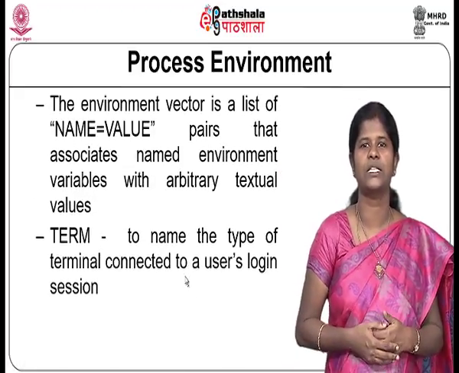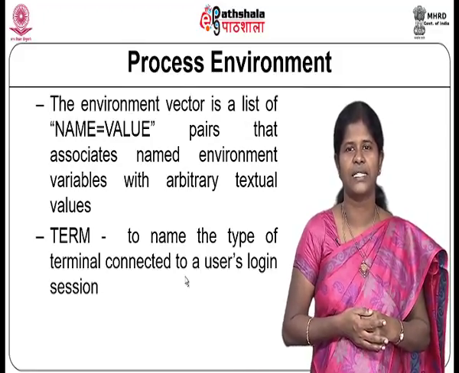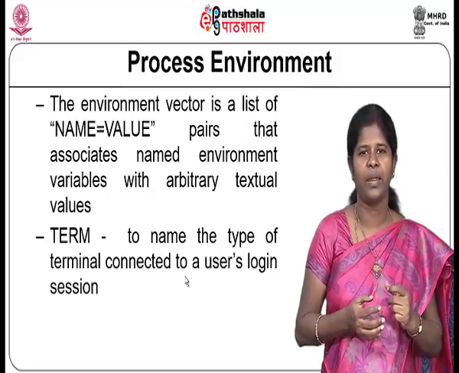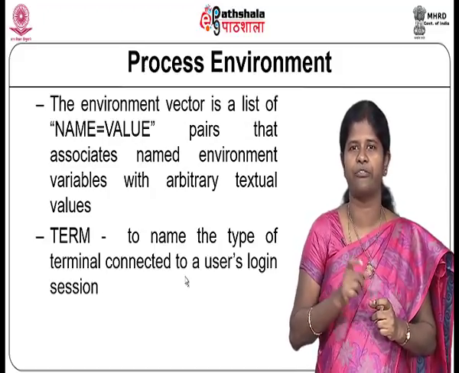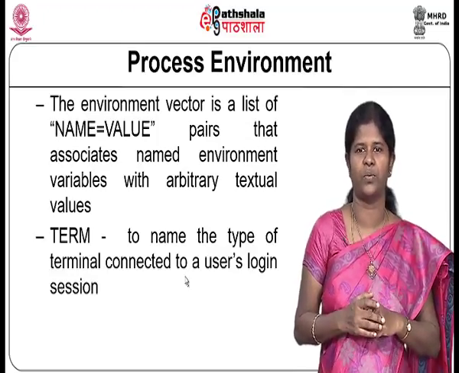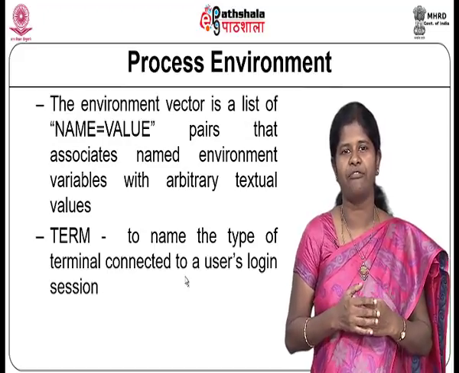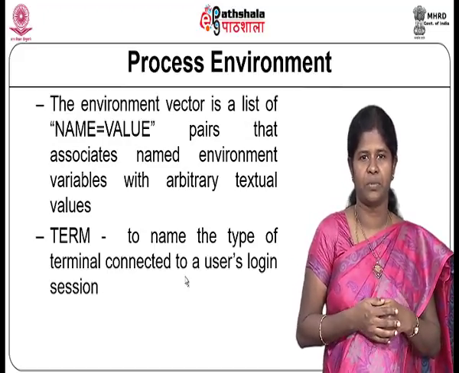And then we have the process environment. The environment vector is a list of name equal to value pairs. Each pair is of the form name equal to value, and these pairs define the different environment variables.